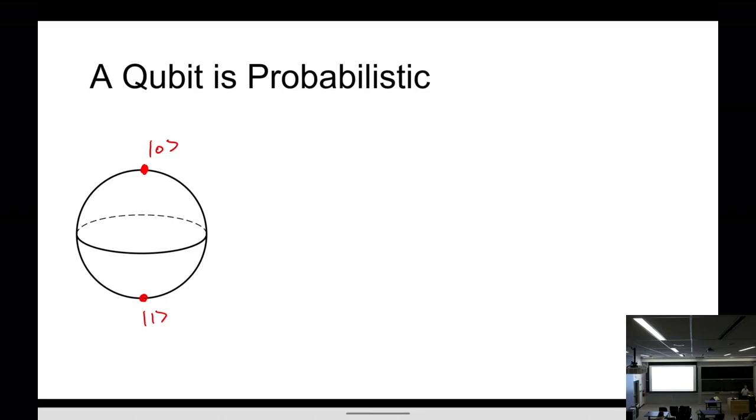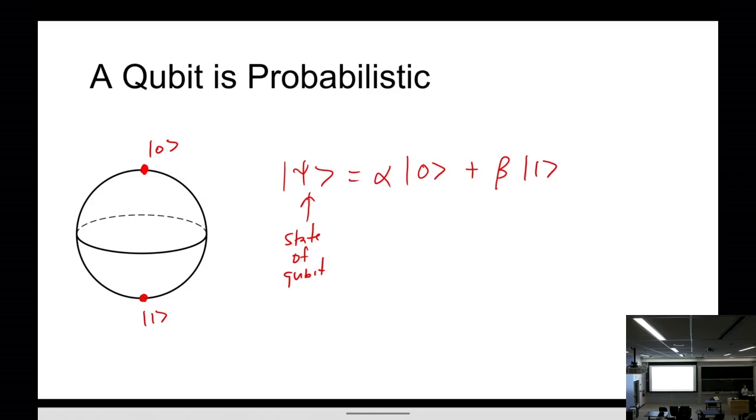It's possible to form linear combinations of those states, and we call those superpositions. So the state of my qubit is equal to some coefficient alpha times |0> plus some coefficient beta times |1>. So this is the state of my qubit. So we cannot examine a qubit to determine its quantum state.